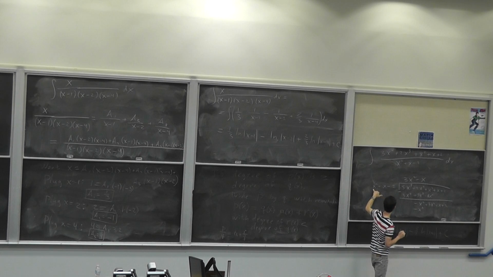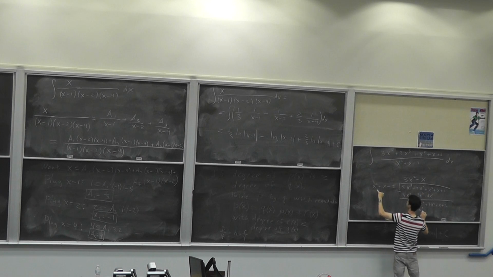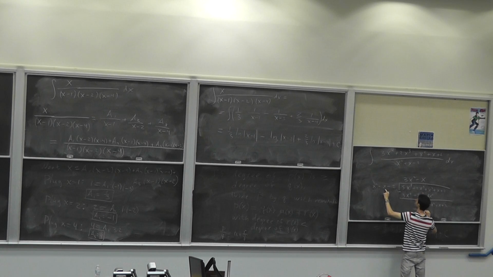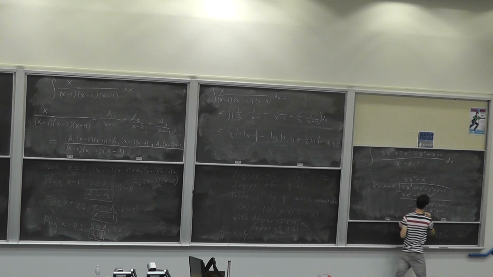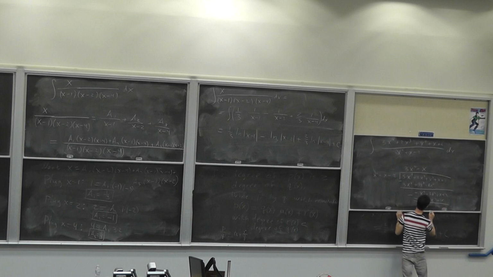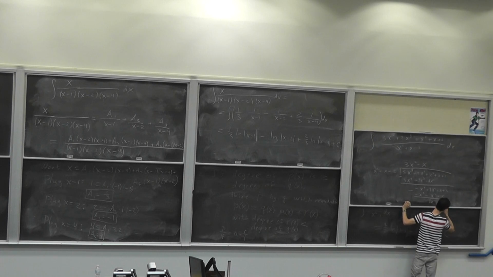Unfortunately, not good enough. If I multiply x squared plus x minus 2 by minus x, what I get is minus x cubed minus x squared plus 2x. So these polynomials are not quite the same.